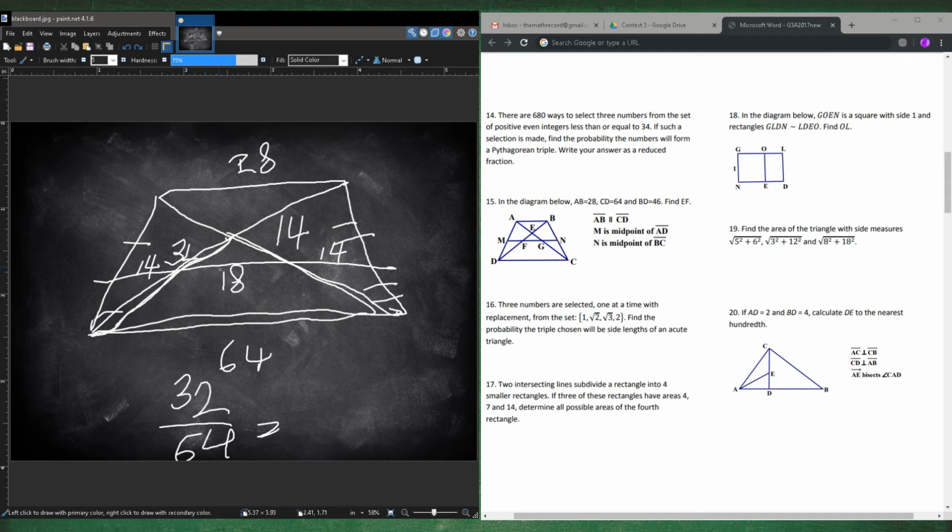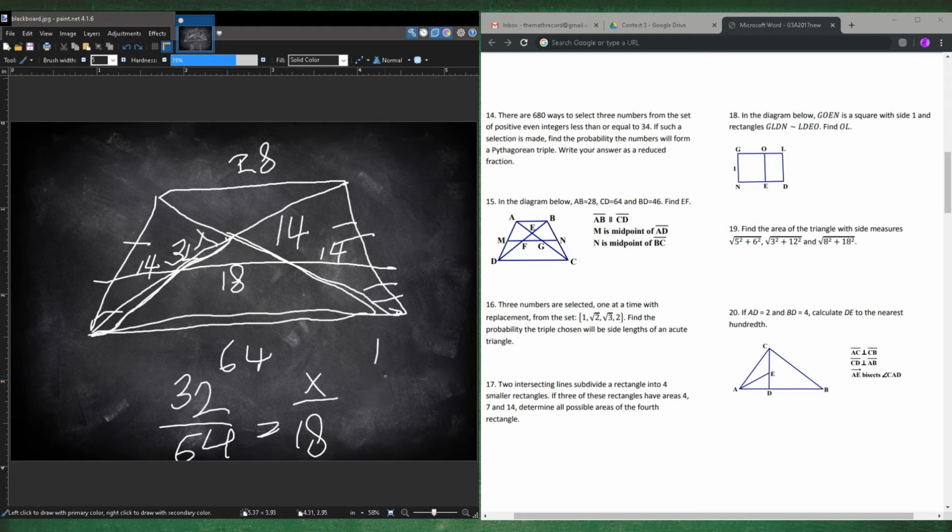So 32 divided by 64 is equal to, let's say this is x, the new x, over 18. So 32 over 64 is half, which is equal to x over 18. So x has to be equal to 9. So the value for number 15, EF, which is the value of this x right here, is basically 9.